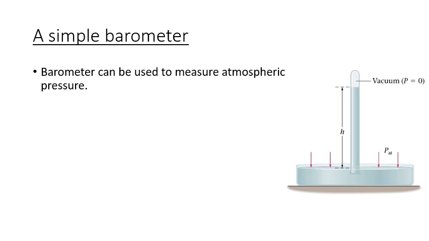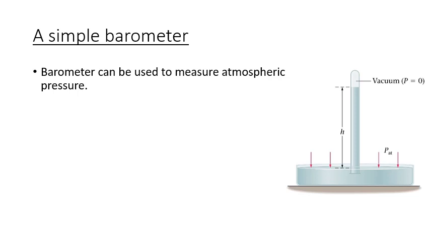If you do that, what happens is the liquid level will go down a little bit at the top of the tube, and after some time it will settle at one height.